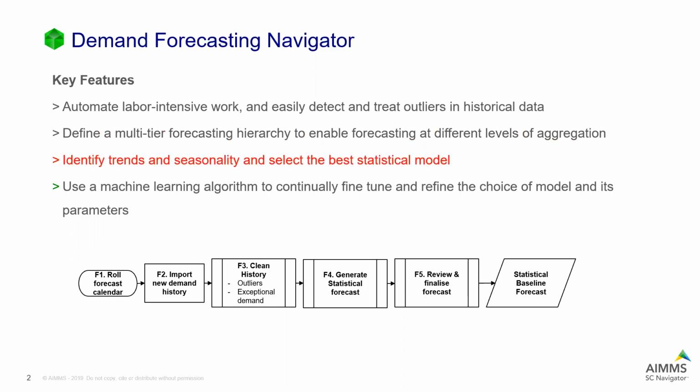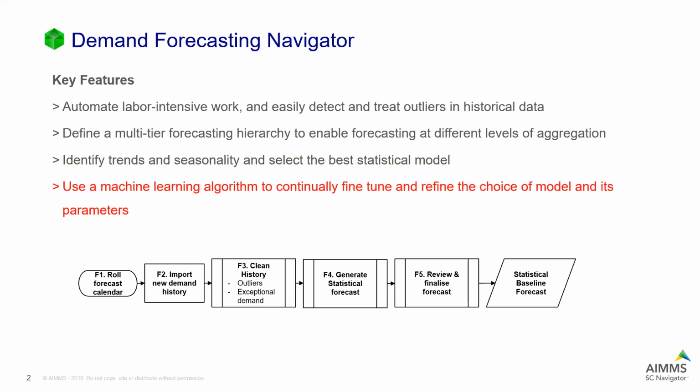And we wanted the application to be able to analyze that history. So again, doing the heavy lifting from the analytics point of view, identify trends, detect any seasonality, and based on that, select the best statistical model to use for that particular demand history.